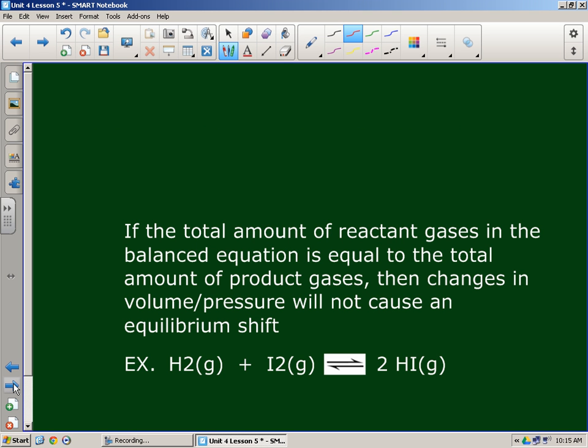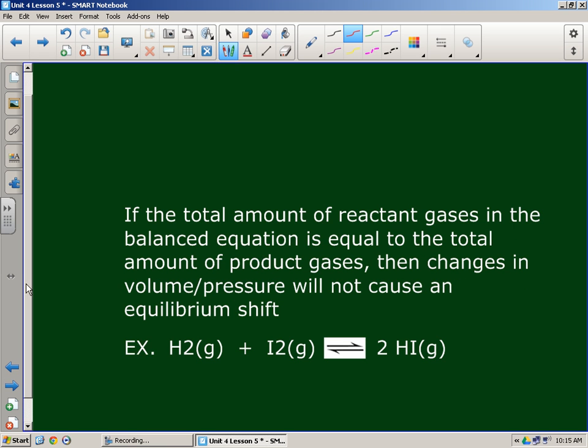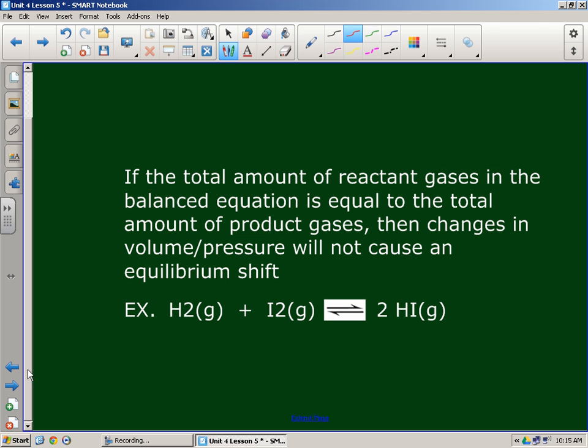So maybe this happens though. What happens if I have the same number of molecules on both sides? If you look at this particular equation here, I have one of these and one of these giving me two of these. How many molecules do I have on the left-hand side altogether? I have two, right?